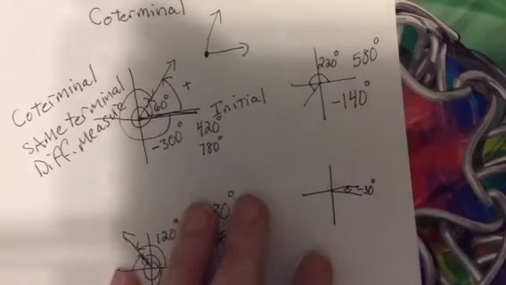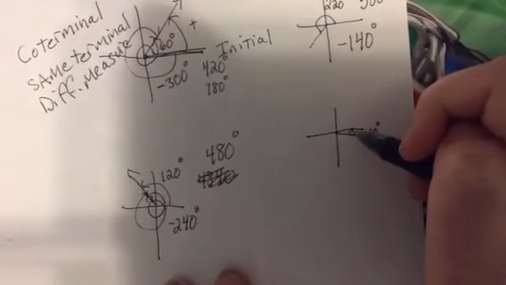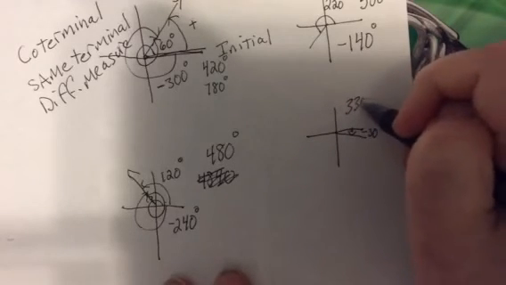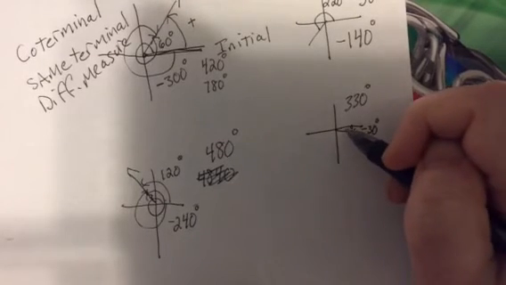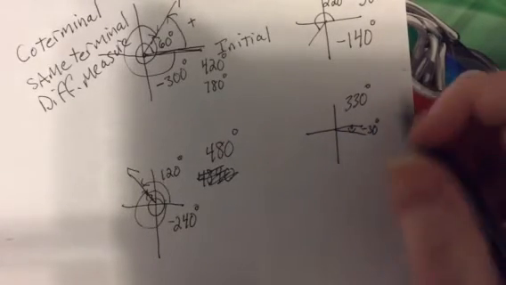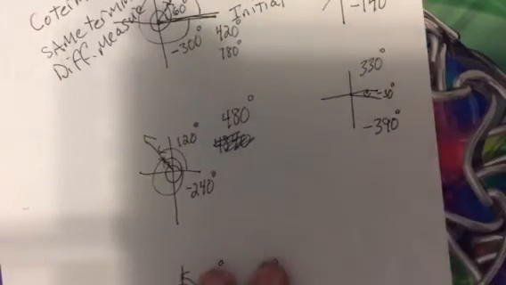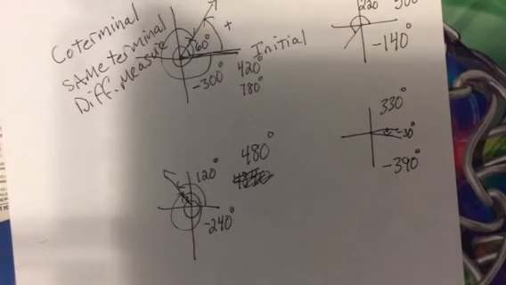And then you could keep going. Okay, if this is negative 30, it means it's 30 degrees between, so it'd be 330. Then negative 360 plus a negative 30 would be a negative 390. And again, you could keep going. I just asked for one of each.